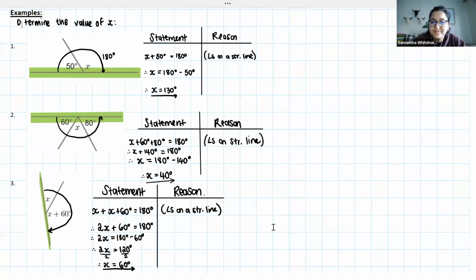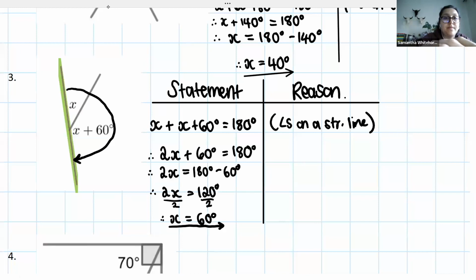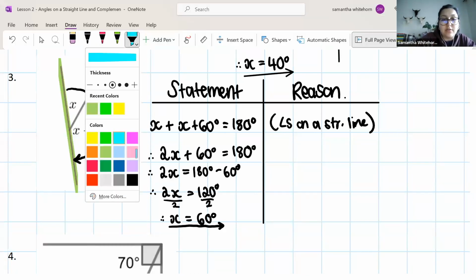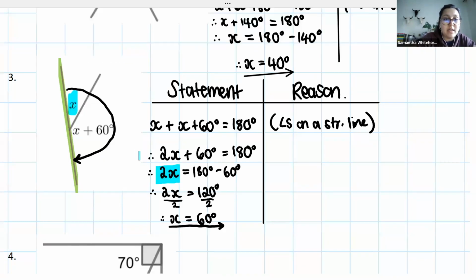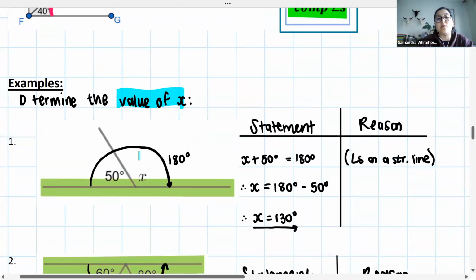Okay, ma'am. Also, how did you get to 60 degrees? Because I'm just getting 120. Okay, so remember for this last one, there are 2 x's there. I'm solving for just 1 x. That's why in my equation I've got 2x, because I've got an x here and an x here. If we go back up to the question, it said determine the value of x.